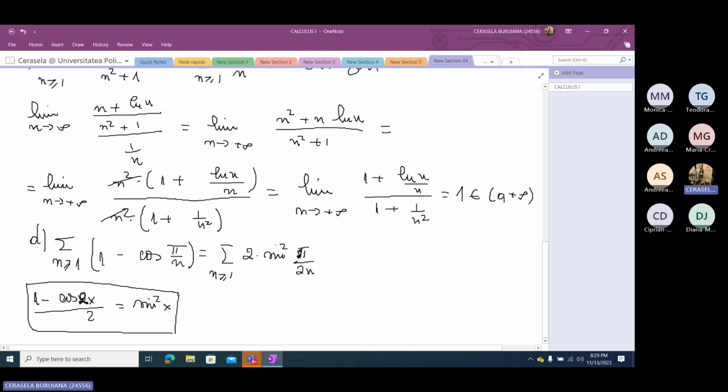Because in my case, I regard pi over n as 2x, so the argument of sine will be pi over n over 2. So the series is actually 2 times the series of general term sine squared of pi over 2n.